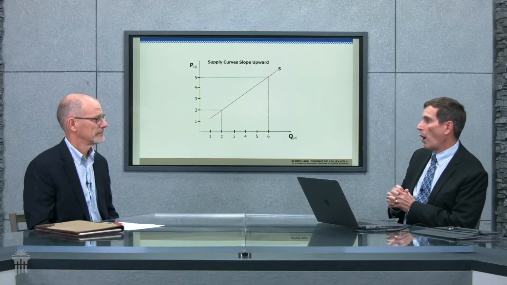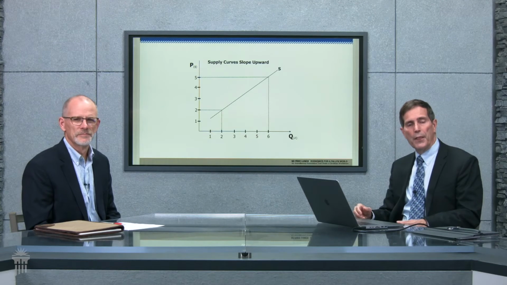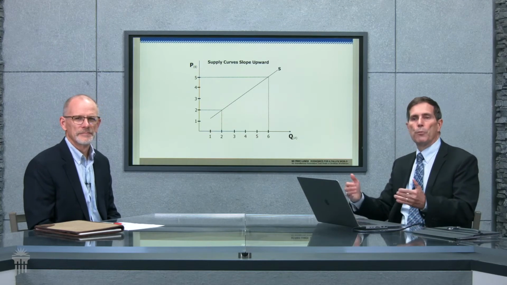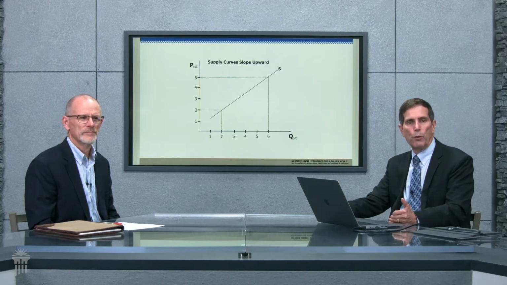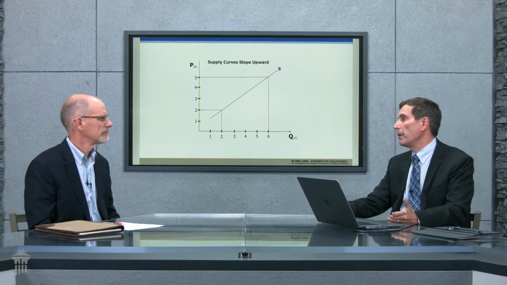And there are a lot of reasons why. One of the reasons is this idea that certainly in the short run, for a firm to expand production, we usually have at least some factors of production that would be fixed.